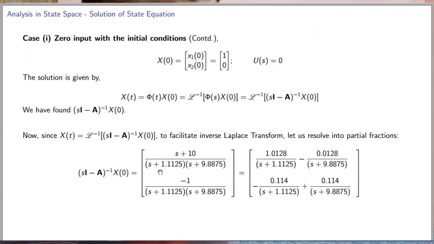To find the inverse Laplace transform for this, it is necessary to find the partial fractions of this rational expression. There are two simple factors here in the denominator, and therefore I will have two residues or two constants, A and B, in the numerator.